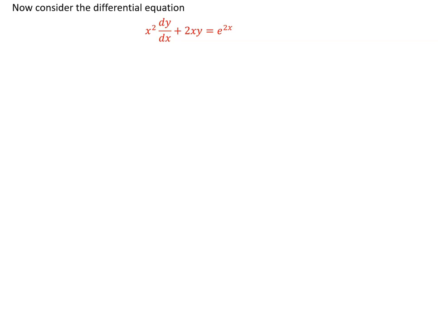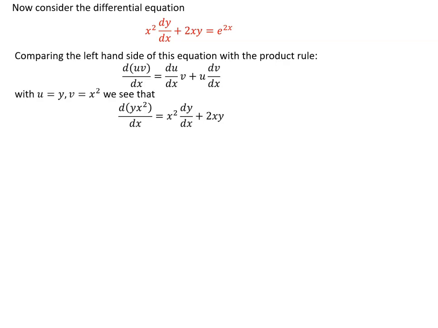It's the exact derivative of y times x squared. So the differential equation can be rewritten as d by dx of y x squared is equal to e to the 2x.